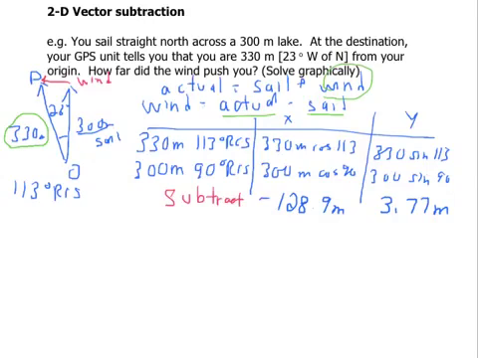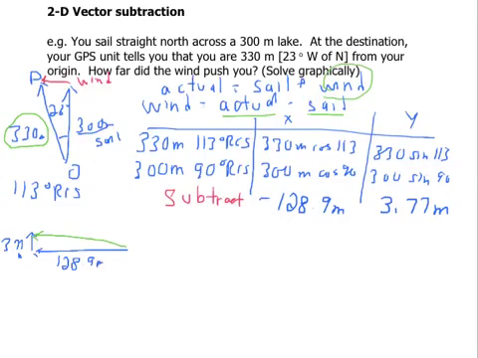So let's use Pythagoras to combine these two components back into one vector. Again, let us draw a small sketch. So our y component is 3.77 meters, and our x component is 128.9 meters, and we want to find the diagonal.